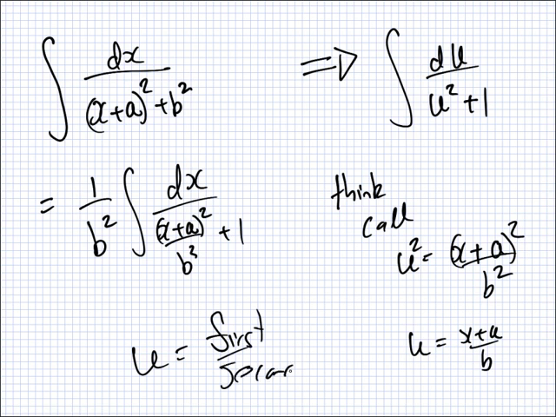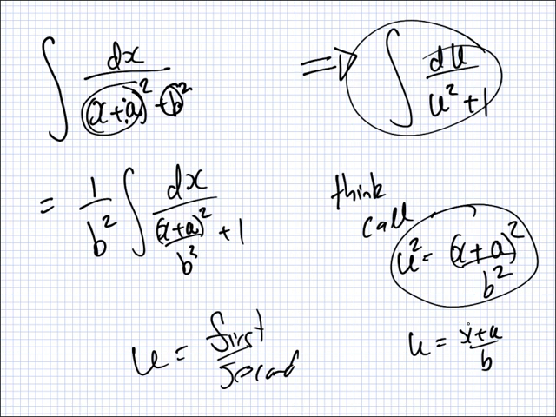If I make u equal to this over this, I can change it into something that looks like this, because I'm making this 1 and I'm making this u squared. I want this to be u squared, so I must use this.